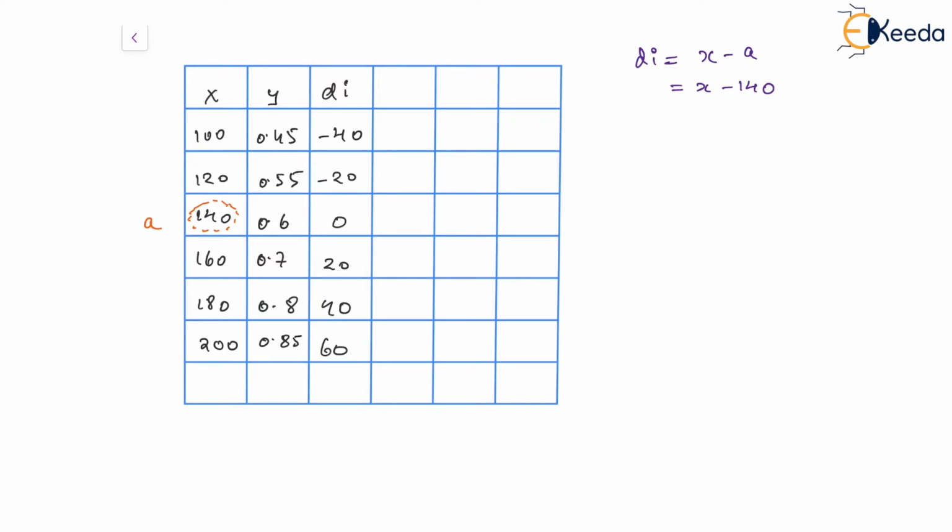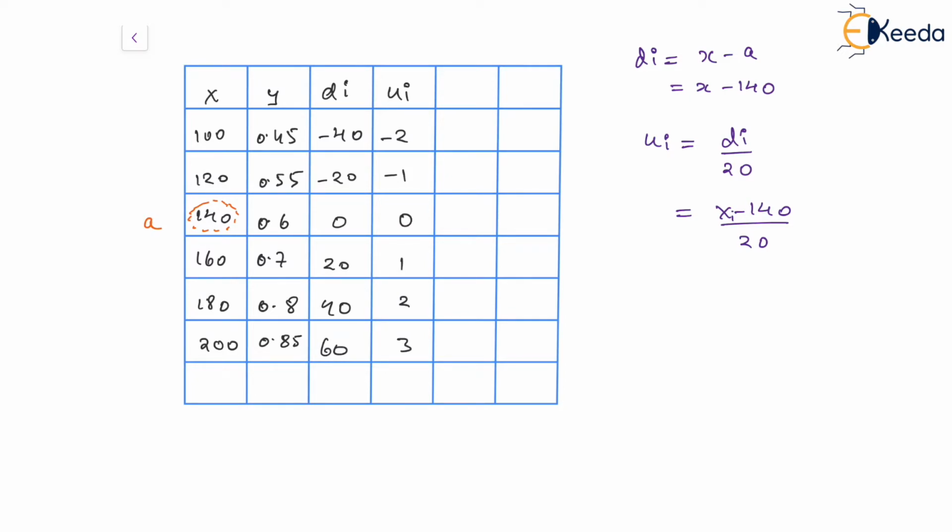So let us consider ui as di over 20, which can also be written as x minus 140 over 20, x in the sense xi. So ui will become minus 2, minus 1, 0, 1, 2 and 3.